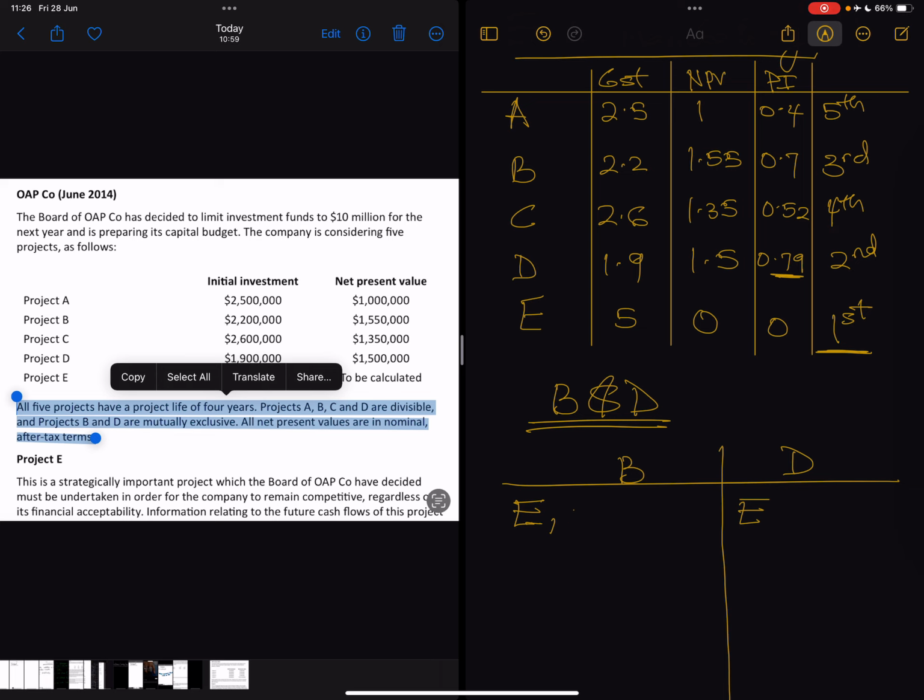So we go to the third, which is B. And the next one is C. Then we can consider A, depending on availability of funds. And for group D, after E, obviously second is D, it comes in.